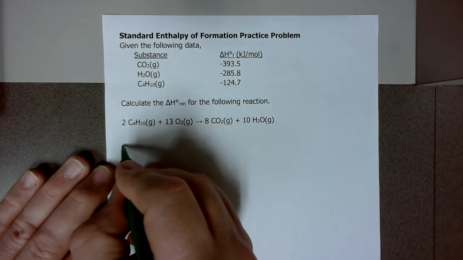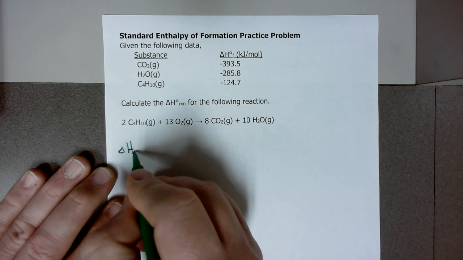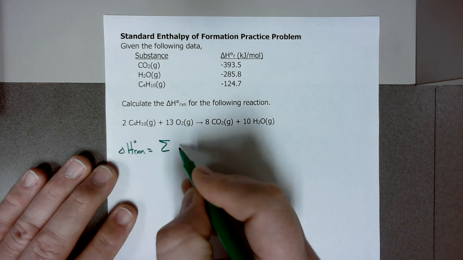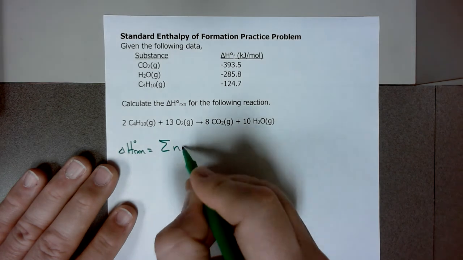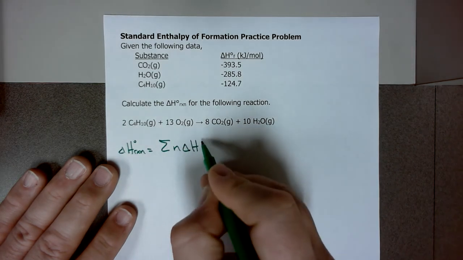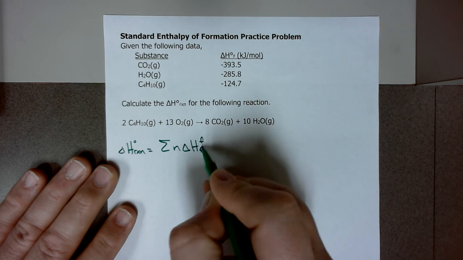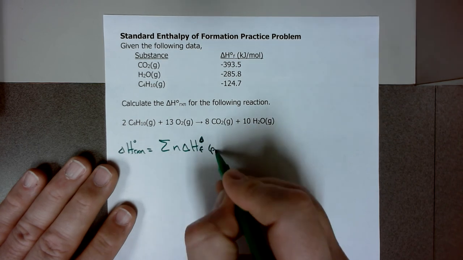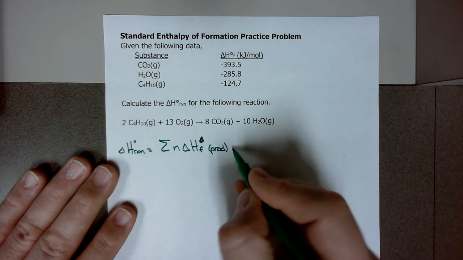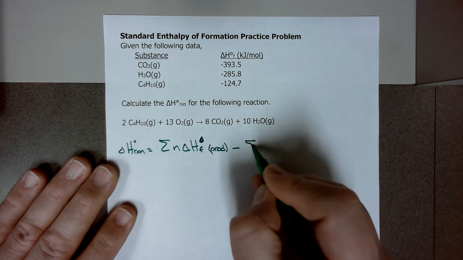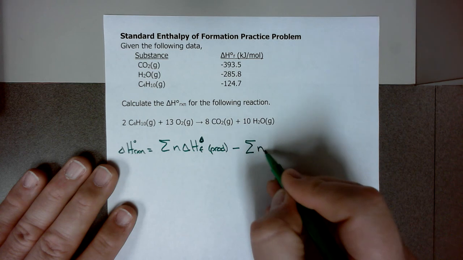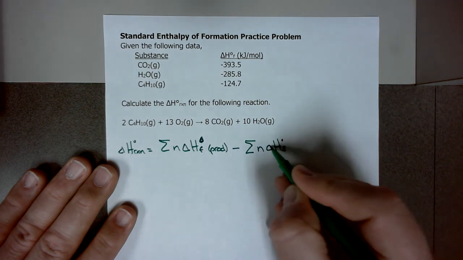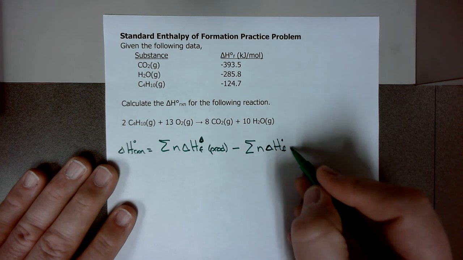So the delta H for this reaction, remember, is the sum of the moles times the delta H formation of the products, minus the sum of moles times the delta H of formation of the reactants.